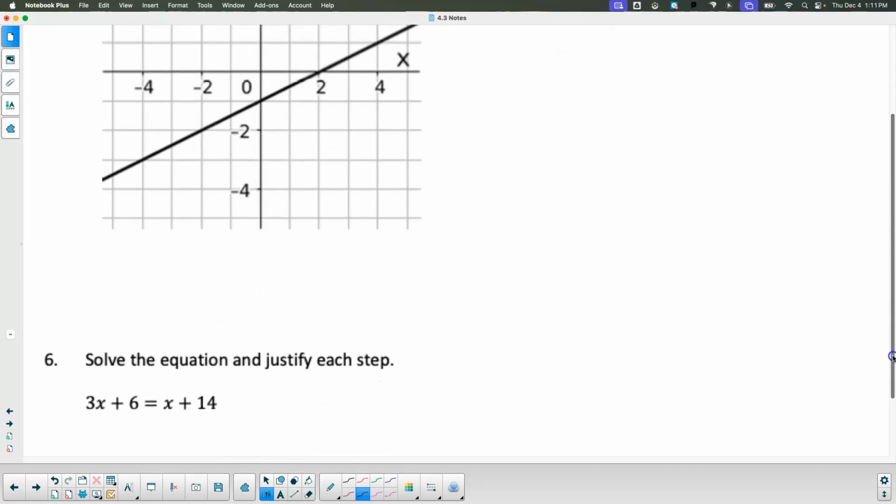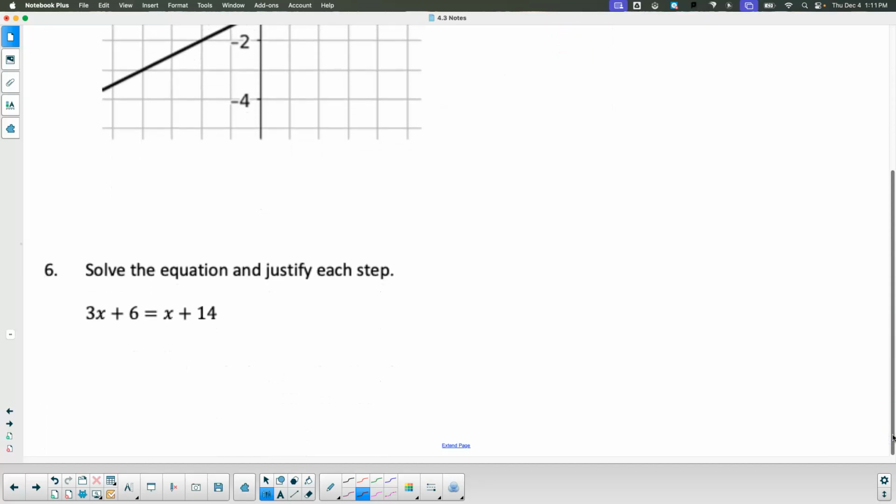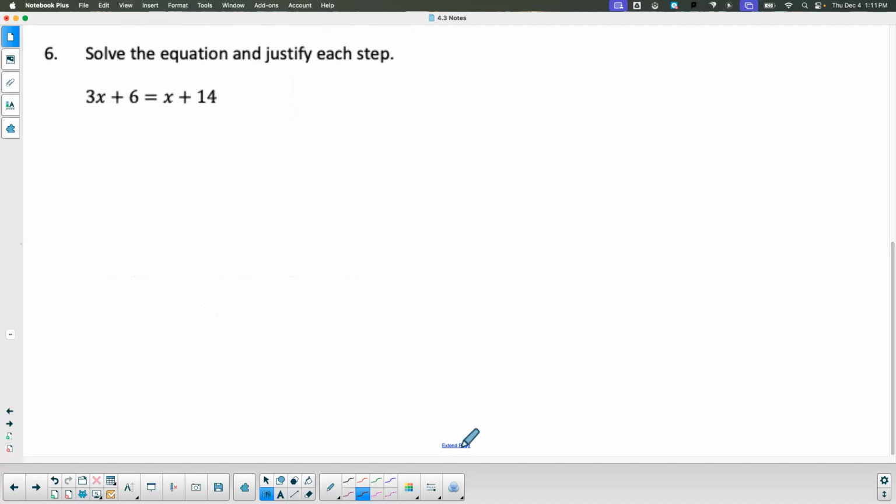Number 6 is a straight up solve the equation. What would you like to do first to solve said equation? Subtract x from both sides. That leaves me with 2x plus 6 equals 14. Then subtract 6 from both sides.